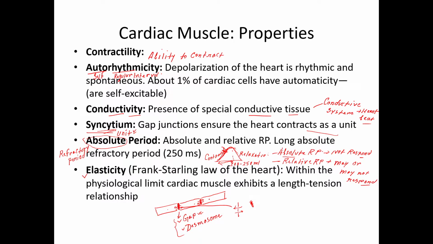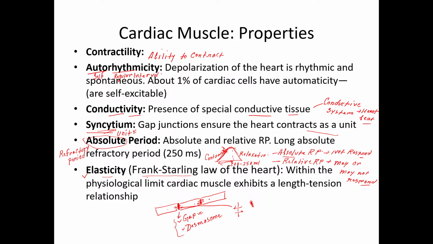Elasticity, the ability to recoil. You can expand the heart muscle by pressure. However, when the pressure is gone, it will recoil, and that happens every time the heart beats, right? Heart expands and recoils or contracts. So that is the elasticity. There is a law that applies to the heart muscle tissue. What is that law?